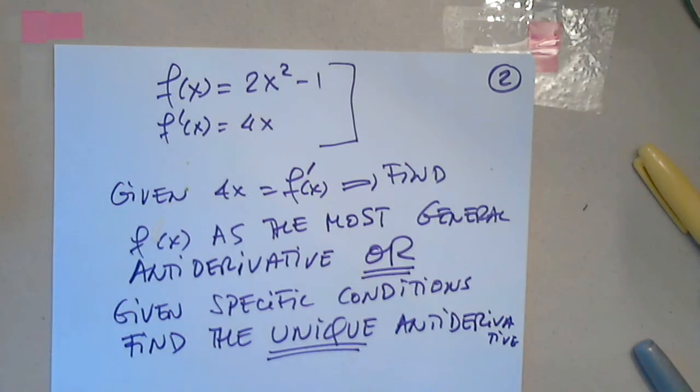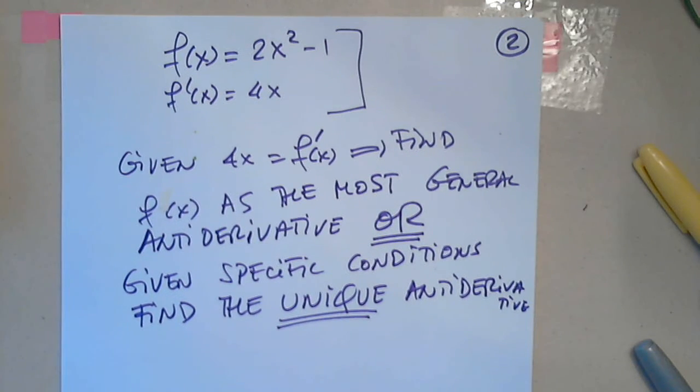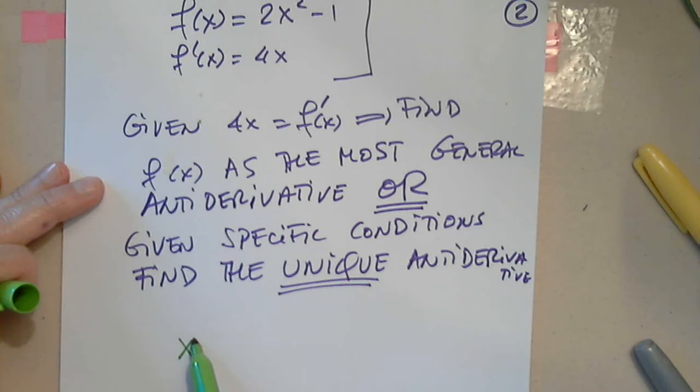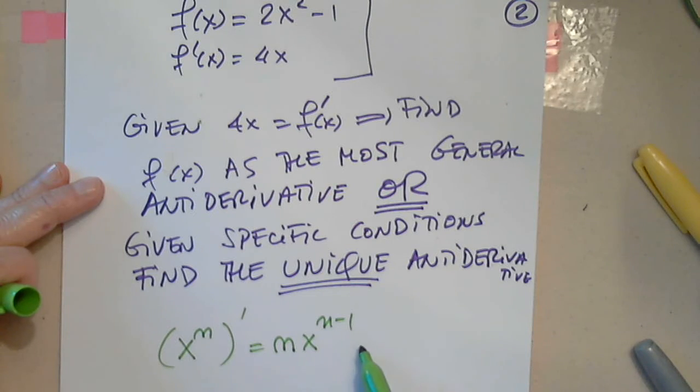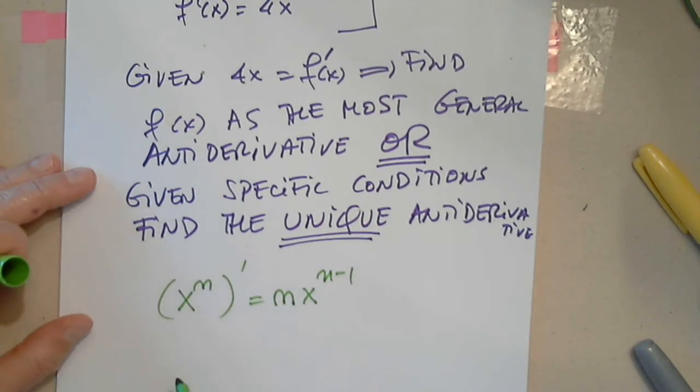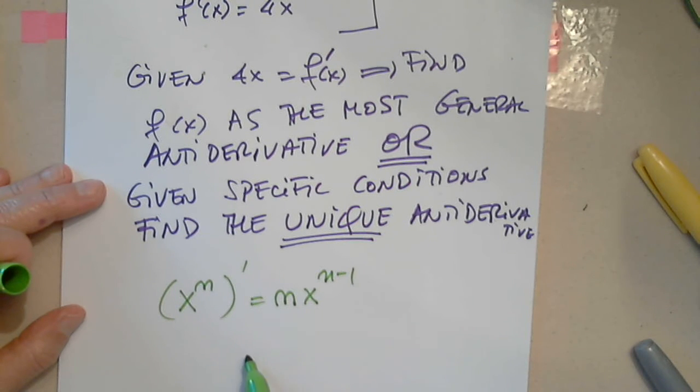Before we analyze these two possibilities, I would like to ask you again, when we differentiate x to the n power, we get n times x to the n minus 1. I should write times x prime, but that's 1. But now we want to find the antiderivative of x to the n.